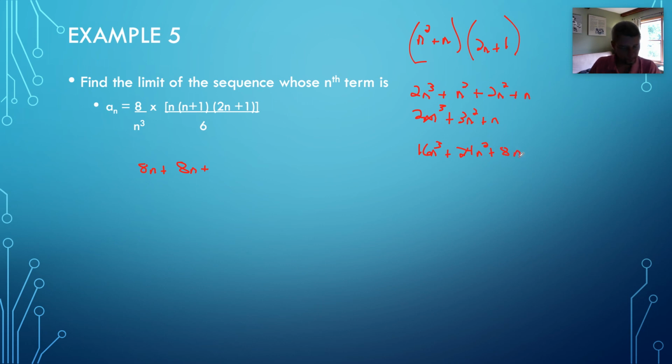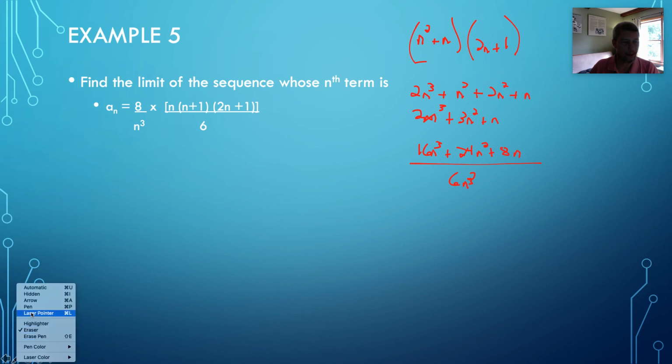Now all of that is going to be divided by 6n cubed, because n cubed times 6 is 6n cubed. Let me do a little bit of quick erasing. Okay, now back to the pen.